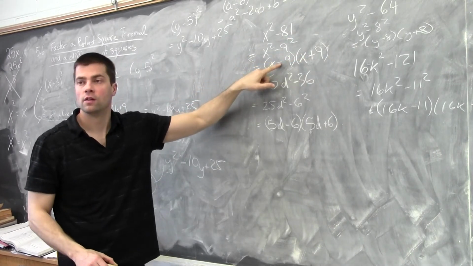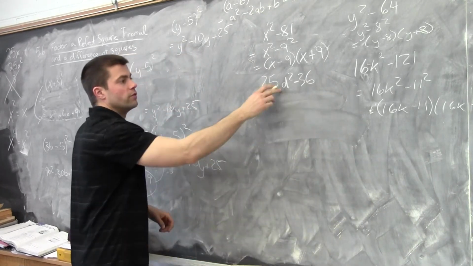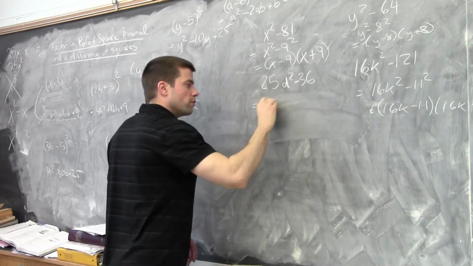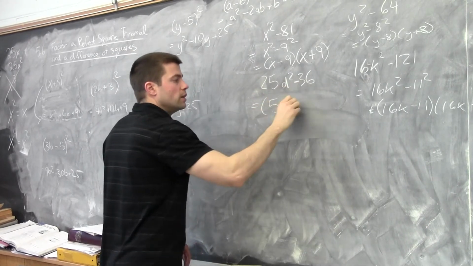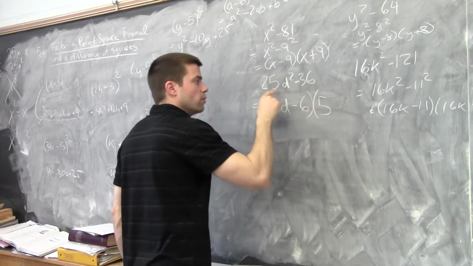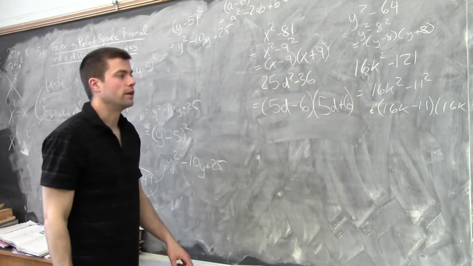Okay? So when we look at this term here, 25d squared minus 36, this is going to be the square root of this term, 5d, minus the square root of this term, 6, times 5d plus 6. And that's it.